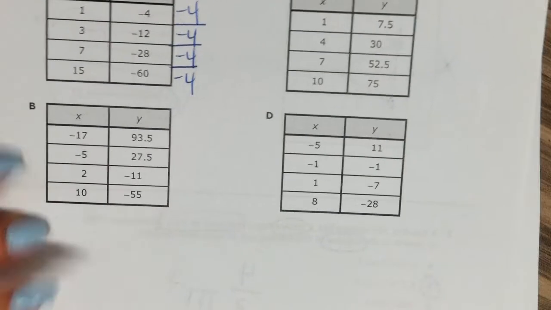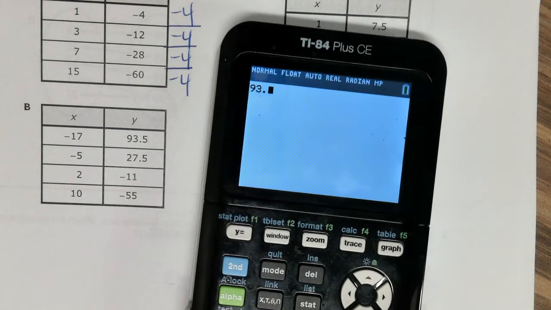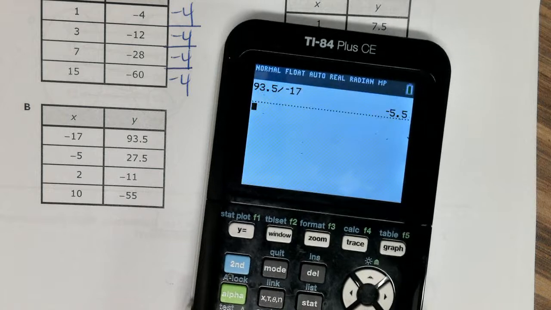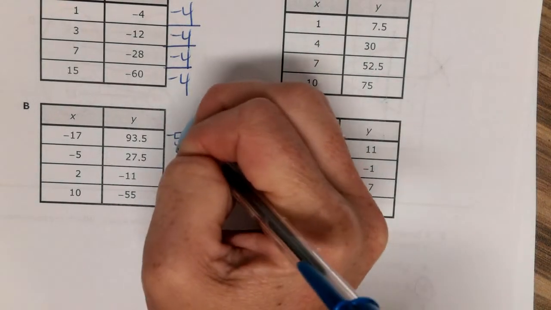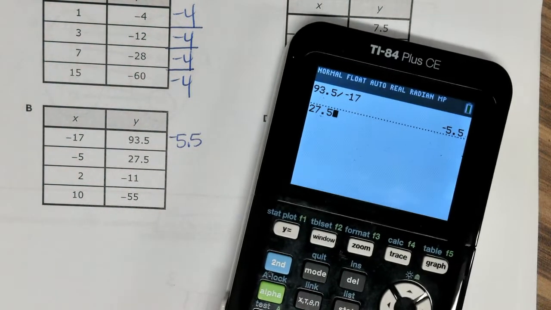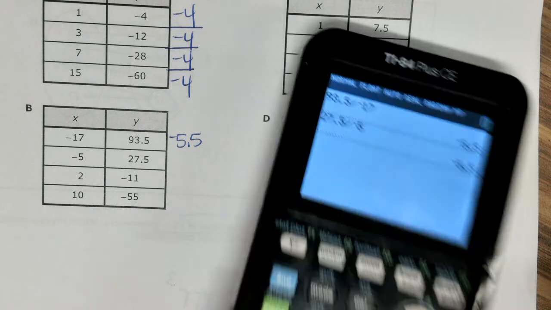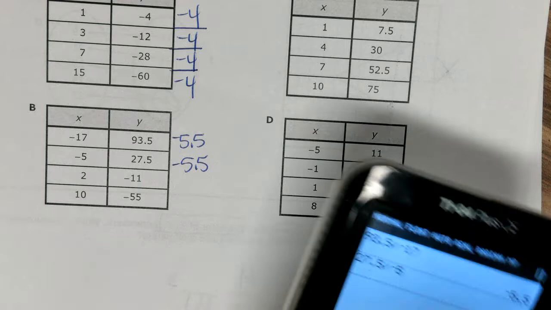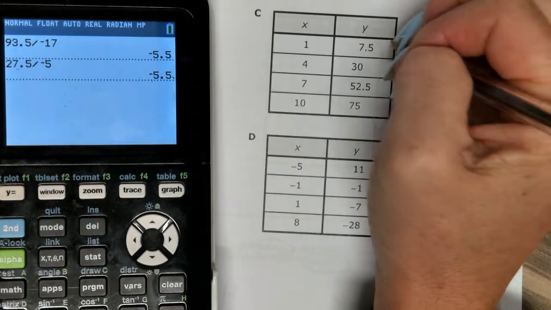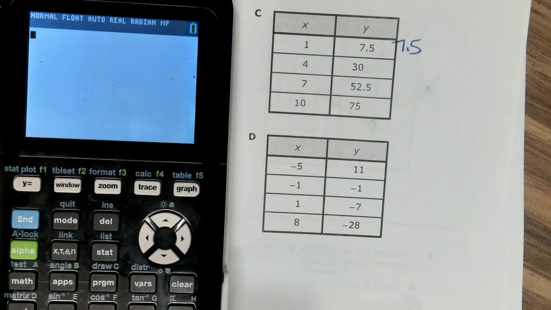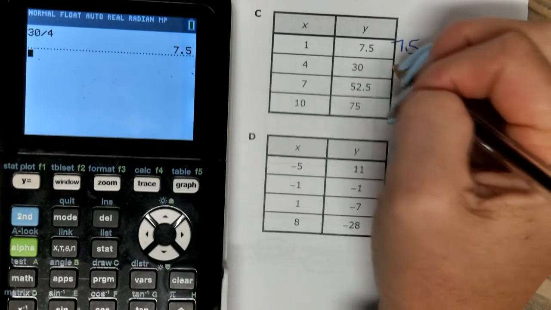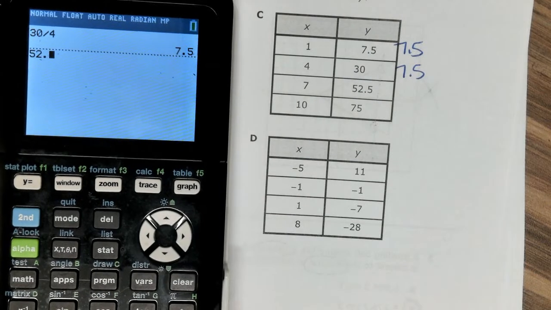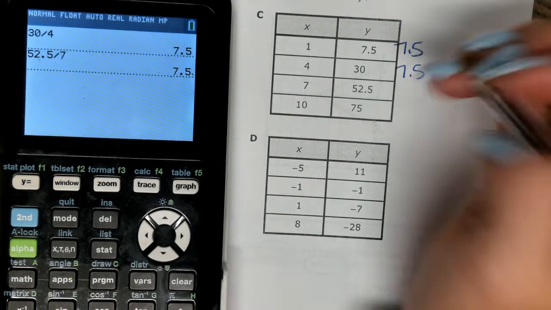Let's look at B. 93.5 divided by -17. 27.5 divided by -5. What do y'all think? Probably proportional. Let's look at C. That's going to be 7.5. 30 divided by 4, 7.5. 52.5 divided by 7, 7.5.